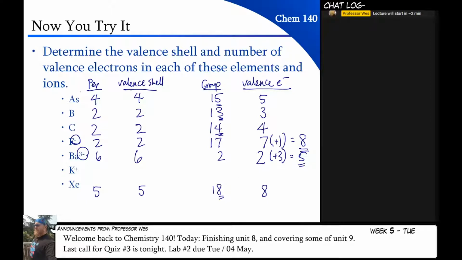Now, potassium plus, let's just look at regular old potassium. So period 4, valence shell 4. The group number is 1, so it should have 1 valence electron. I'm going to change my ink color here. I'm going to remove an electron, so this is going to be 0 valence electrons.